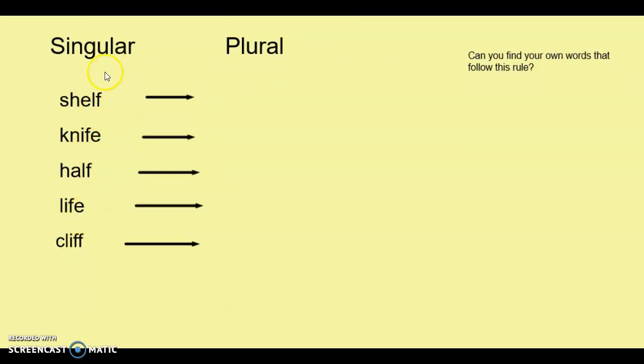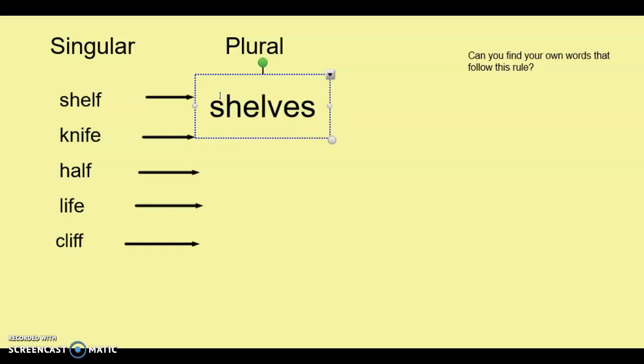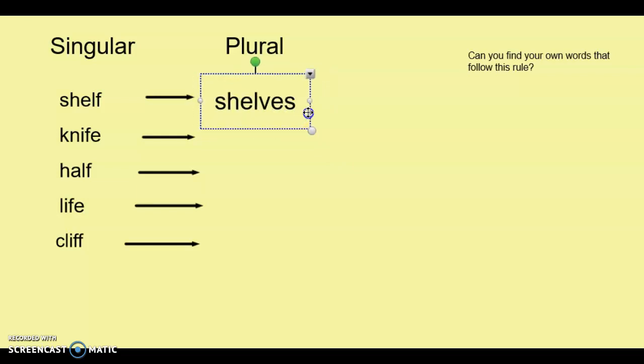Because the noun shelf ends in the letter F, when we turn it into plural, we drop the F and we add VES. So it becomes shelves. We're talking about more than one. The same goes for knife.